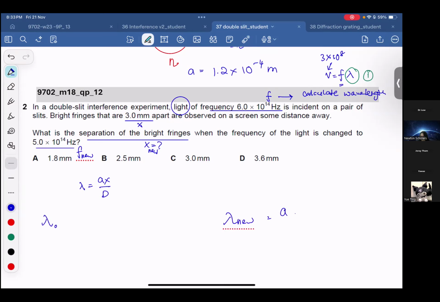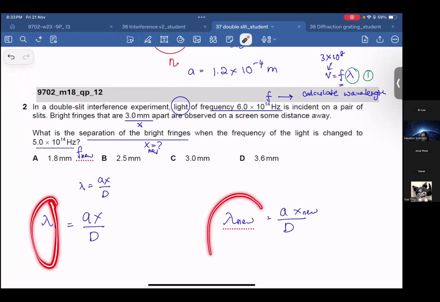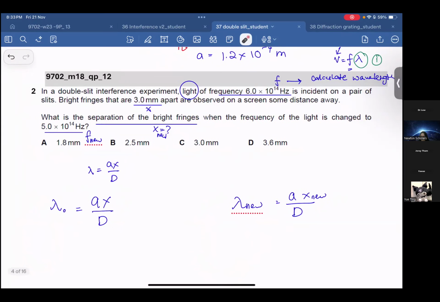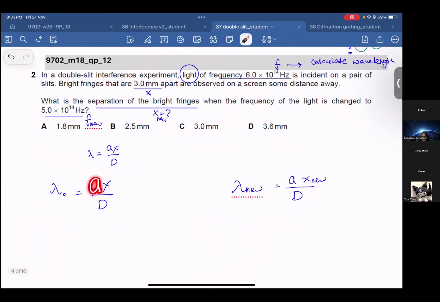I want to know the new X. You can calculate these by using the frequency. Then A and D don't change. They didn't say that they changed the setup. They just say that I change frequency. That means this one and this one, they are the same.